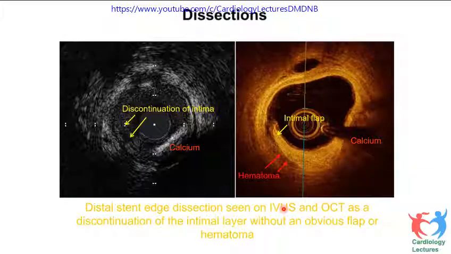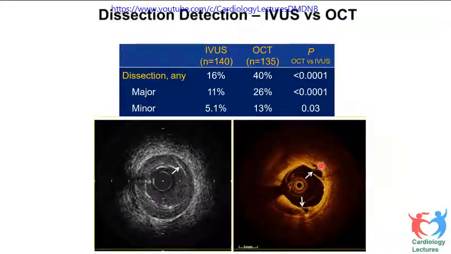So this is an example of intimal tear and hematoma extending there and producing a dissection there. This is a similar OCT IVUS representation of this. And there are trials, when you compare IVUS and OCT, major dissections were identified more times in OCT, and both major and minor dissections were identified by OCT in a better way.